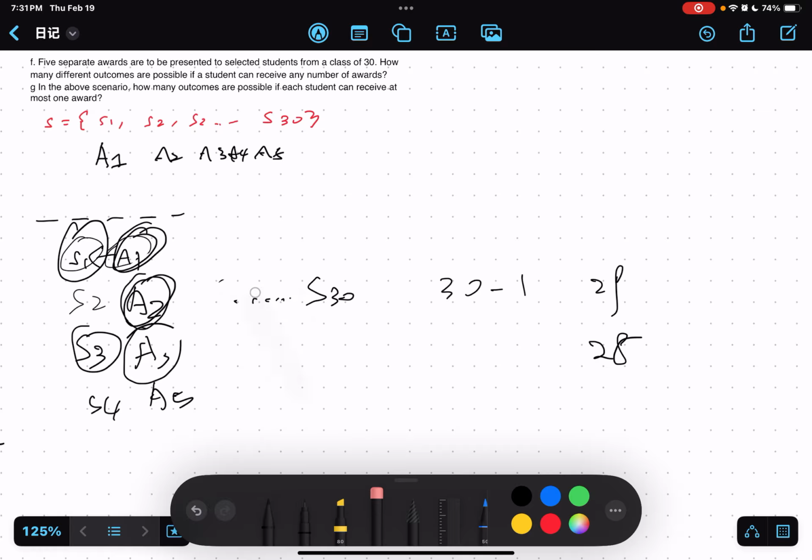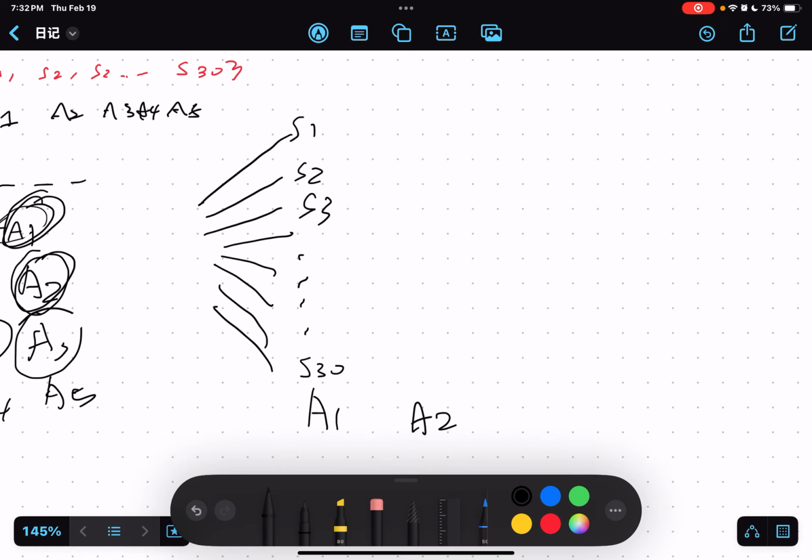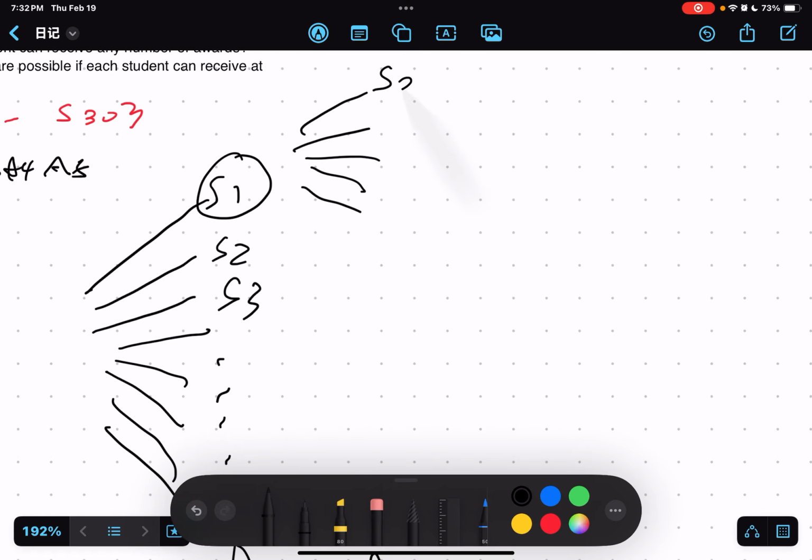So let's draw a tree diagram. For the first one, to choose award 1, we have student 1, student 2, student 3, to student 30. But for the second one, when we choose award 2, we have already chosen S1 for award 1, so we need to choose from the remaining S2 to S30.